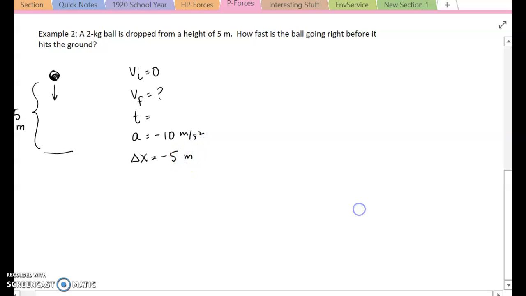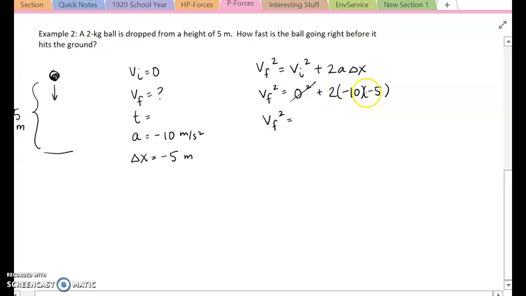So I want to find v final. The equation I'm going to use is v final squared equals v initial squared plus 2a delta x. I'm going to plug in the stuff that I know. This is 0, 2, -10, -5.